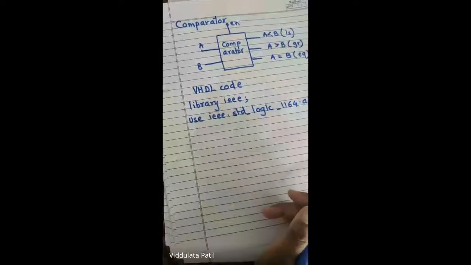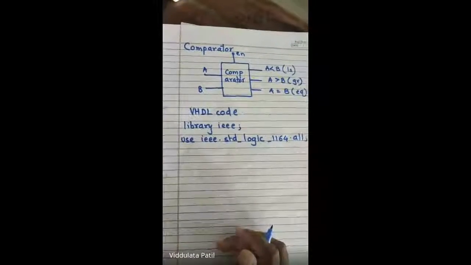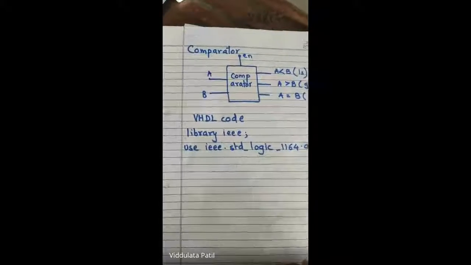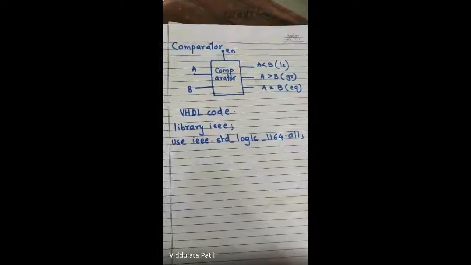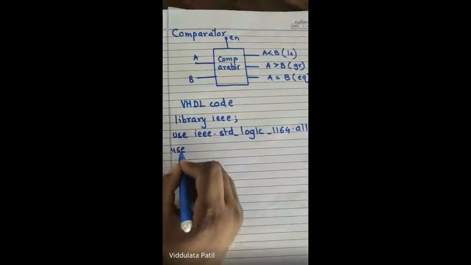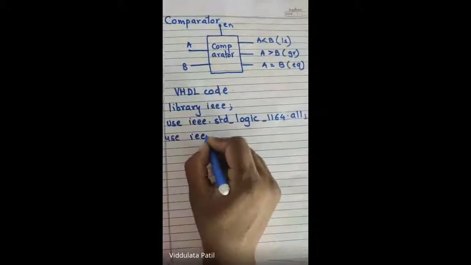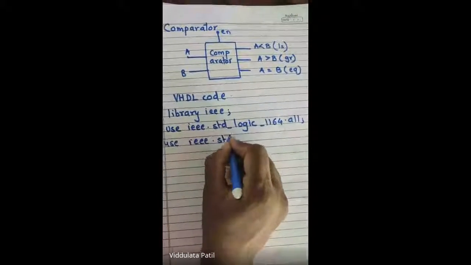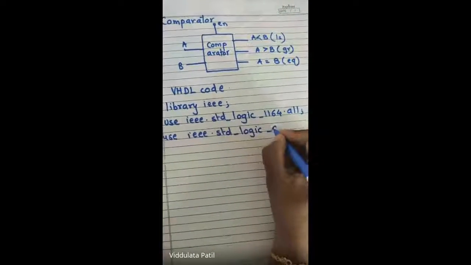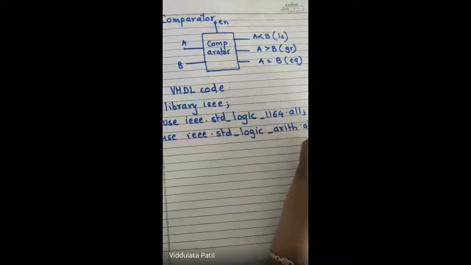So, in this program, we are going to do certain arithmetic operations. That means we are going to compare, so we are going to use arithmetic operators here. So we are going to add some other packages. That is use IEEE dot std_logic_arith dot all semicolon.